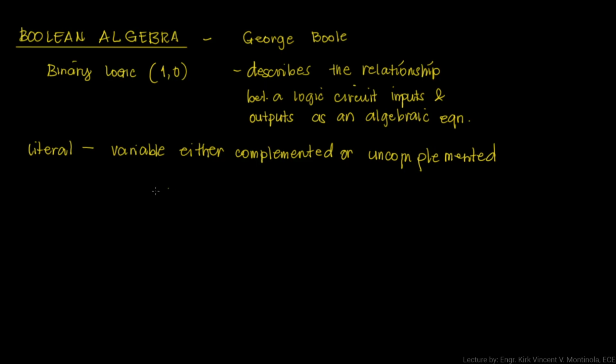For example, if we have a function f equal to not a, b plus b, not a, we can say this has four literals. Technically, each character is considered one literal.